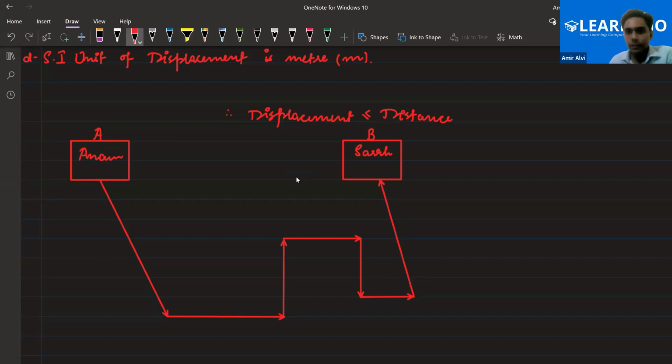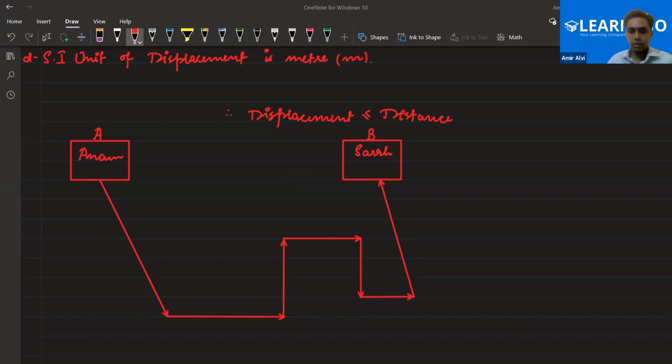Chalo theek hai, koi baat nahi. Because we took a random example, distance has no specific value. So I'm just asking whether displacement and distance will be the same, whether displacement will be 0, or distance will be greater than displacement. Sara said 0 is displacement. Anam, Astitva, what's your answer? Bachchon jaldi se batao. Displacement can be 0.